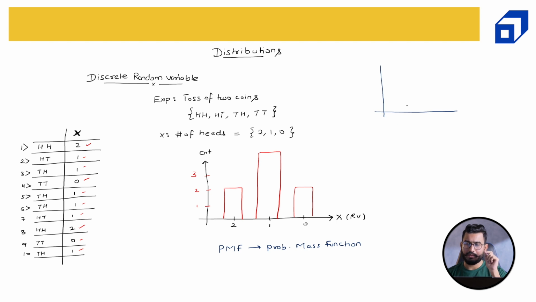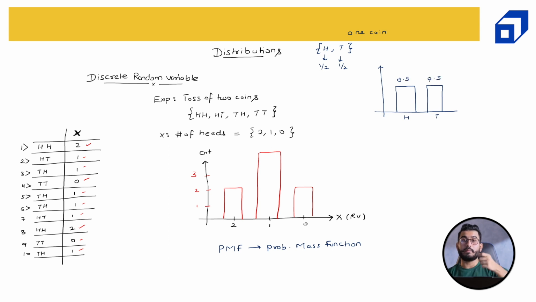In that website, you have seen that the true probability of getting head and tail when you toss one coin is half and half, 1 divided by 2 and 1 divided by 2. So the probability mass function of the true probability when you toss one coin will be 0.5, 0.5. So this is head, this is tail, 0.5, 0.5.